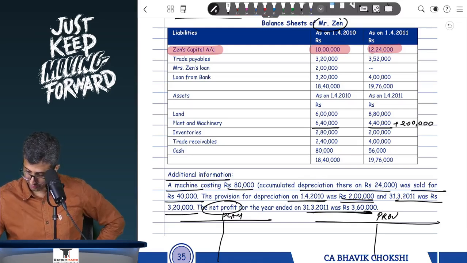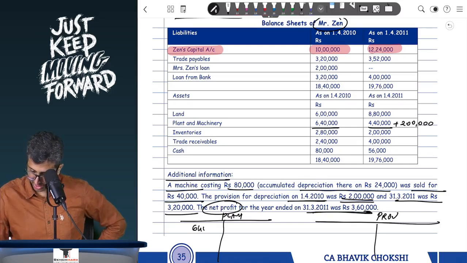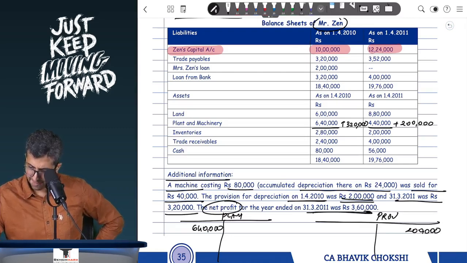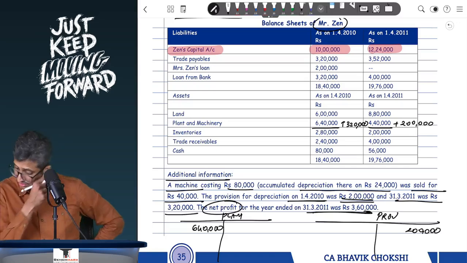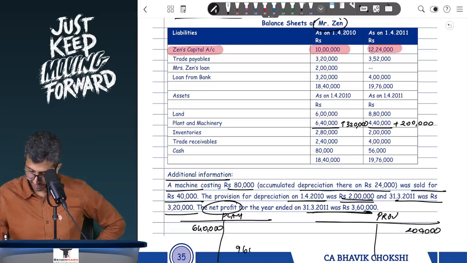So over here my opening will be 6 lakh 40 and 2 lakh for provision for depreciation. Closing में your provision for depreciation becomes 3 lakh 20, which means ये कितना होएगा? 640 and 3 lakh 20, 9 lakh 60, and closing over here is 3 lakh 20.